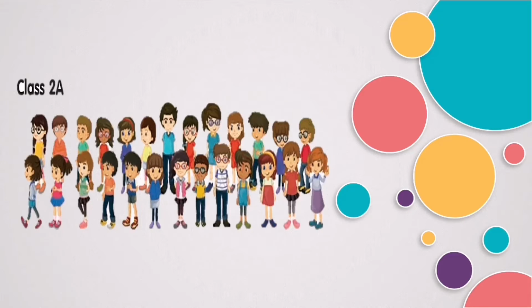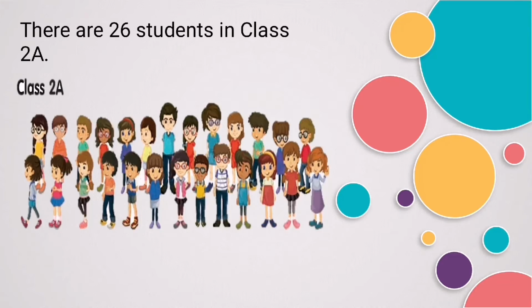Each student has a pair. Which means there are 26 students in class 2A. Is 26 an odd or an even number? So 26 is an even number. Are the students evenly paired?